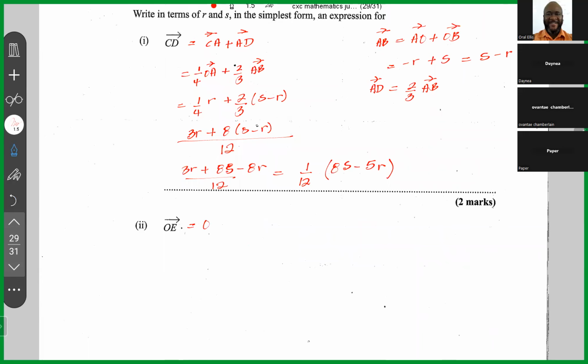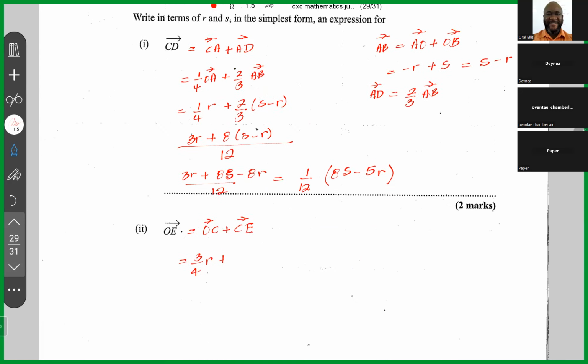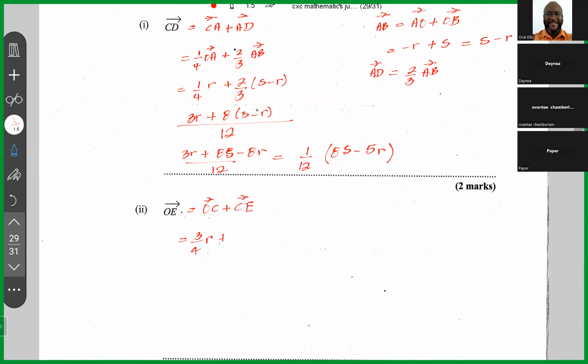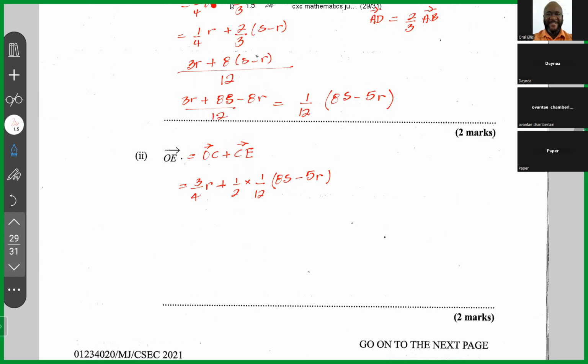OC is 3/4 of R, and CE is a half of CD. So this is a half of CD, which is 1/12 of 8S minus 5R. We're asked to write this in its simplest form.